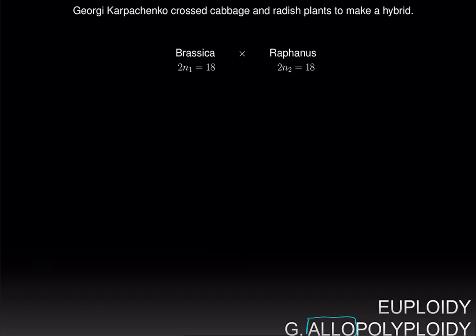An example is an attempt by Georgy Karpachenko to create a hybrid between cabbage, or Brassica, and radish plants, Raphanus plants, in order to obtain a hybrid with leaves of the cabbage and roots of the radish.